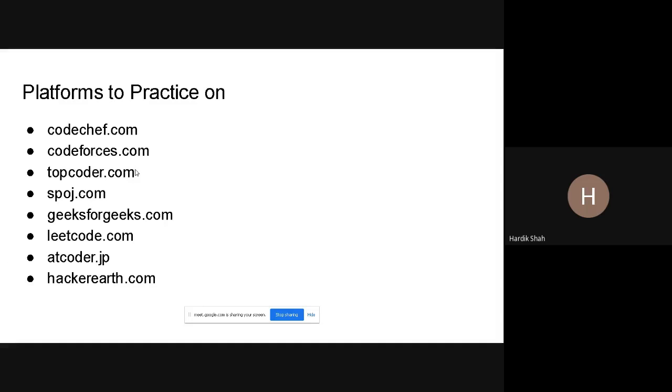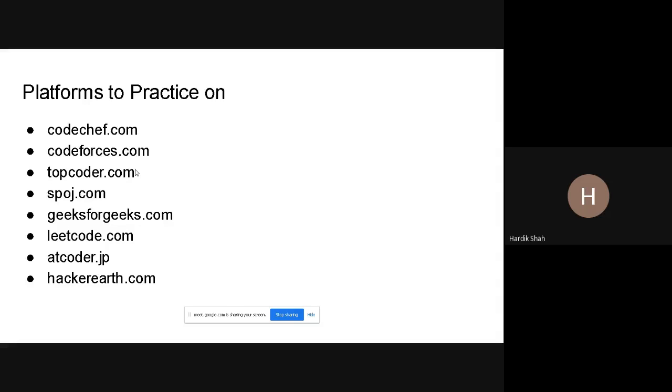Now, what about the platforms? For competitive programming, the community is very active, and there are lots and lots of platforms. If you use YouTube, you might have got a lot of ads of AlgoExpert, right? That is a platform to practice competitive programming on. But here are some more.